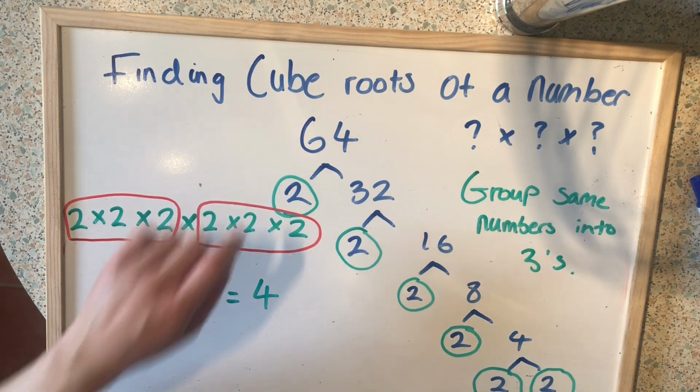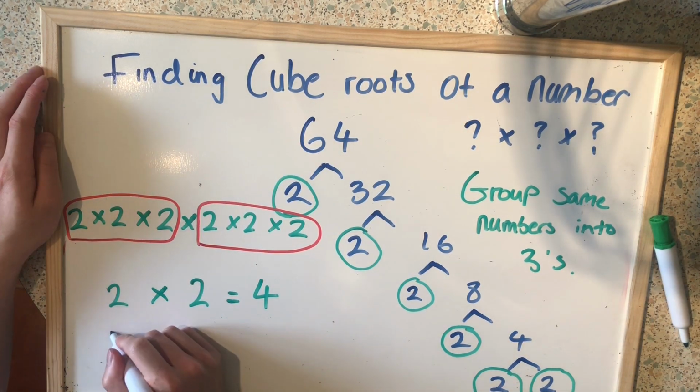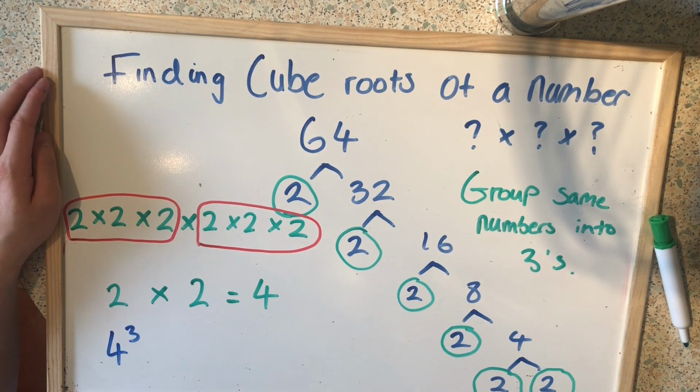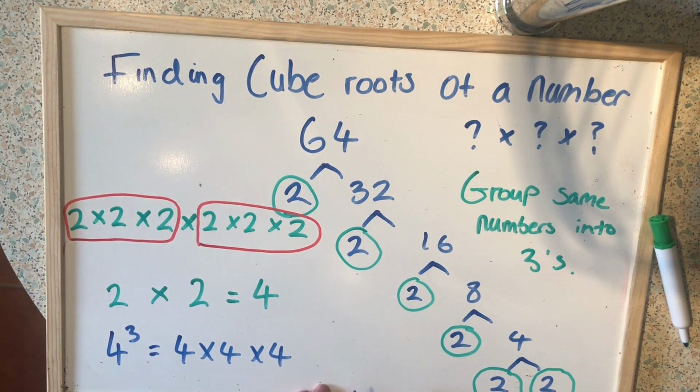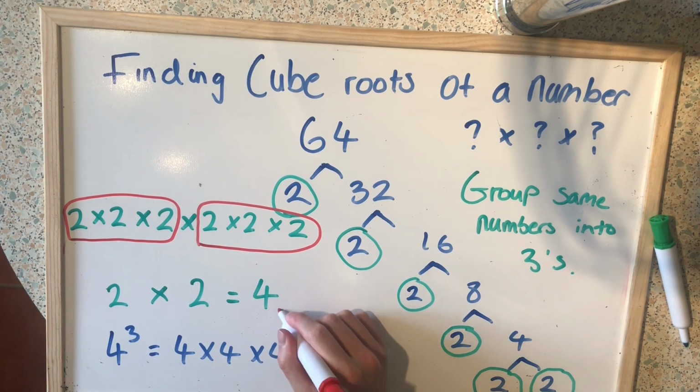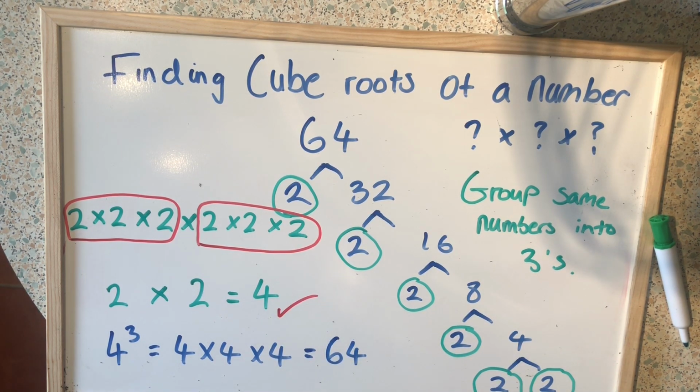So we can check this, we can say, well, is 4 cubed, so 4 times 4 times 4, equal to 64? So 4 times 4 is 16, and in my head, 16 times by 4 is 64. So that checks out. So 4 is indeed our cube root of 64.